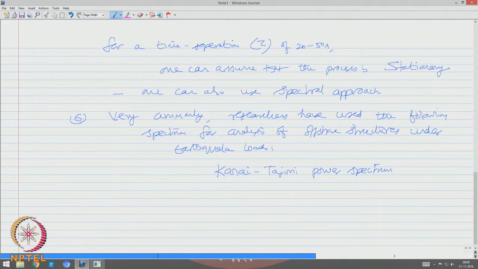The Kanai-Tajimi power spectrum has a very interesting reference. Kanai K, 1957, semi empirical formula for seismic characterization of ground.